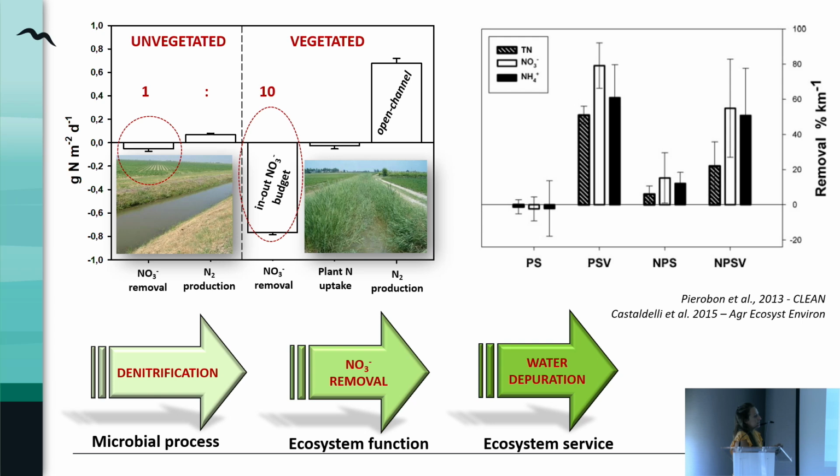And you can see that if vegetation is present along the irrigation period, more than 80% of the total nitrogen load entering the canal network can be removed. This is a huge potential. It is a very important ecosystem function, translating into an important ecosystem service, that is water depuration.